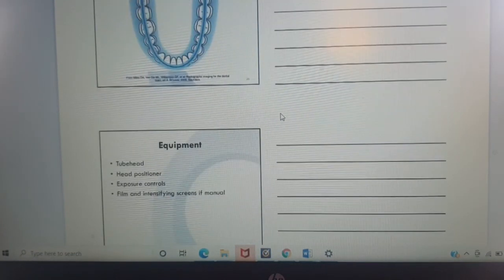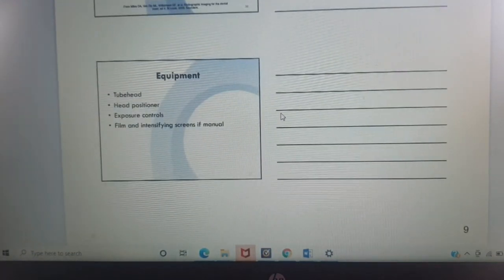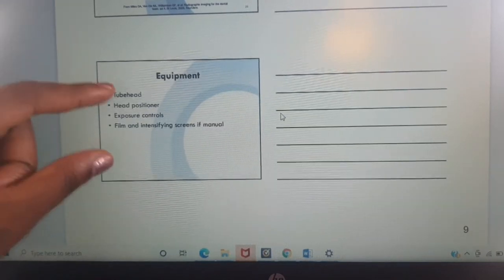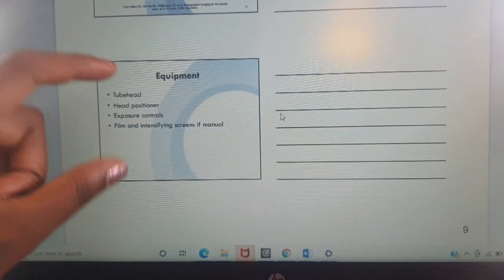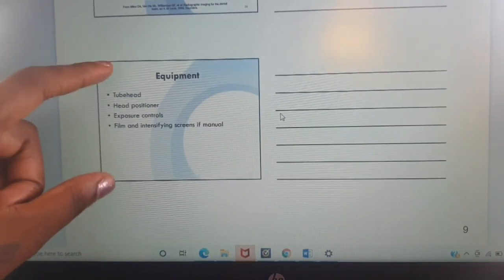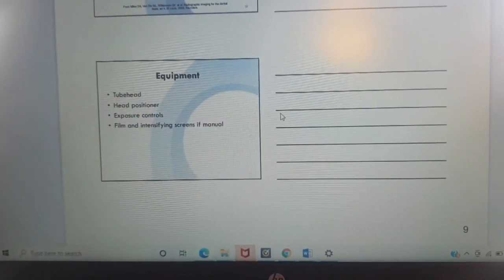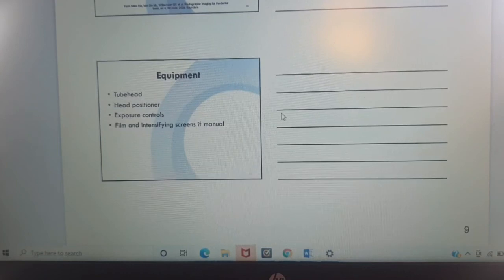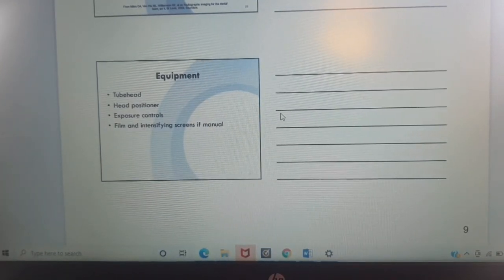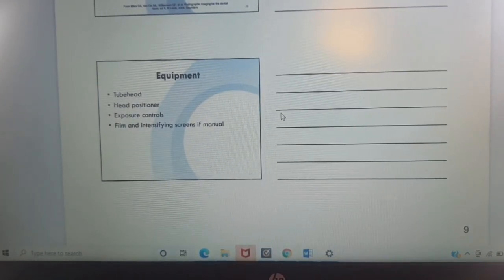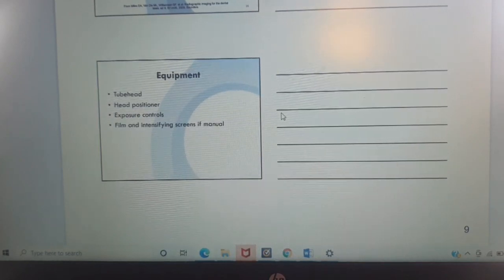Okay, so from there, like I mentioned before, there are four basics that remain the same, be it a digital or a film-based panoramic unit. So these are the four basic components of your unit that you will expect to find regardless of the type of panoramic unit that you are using.